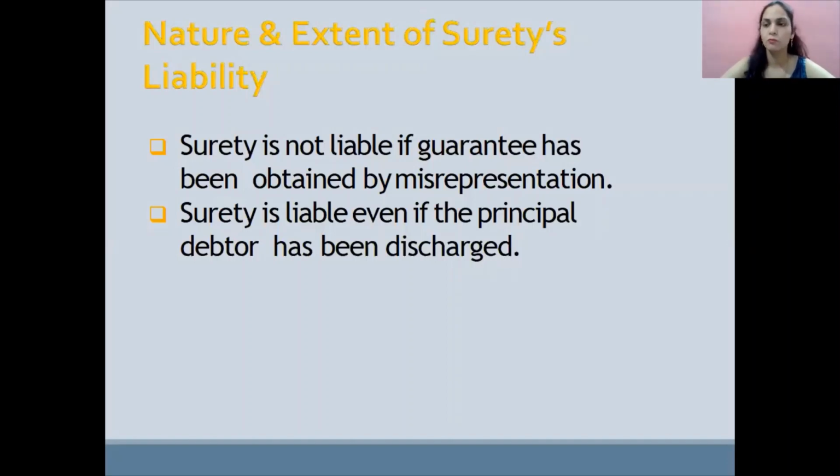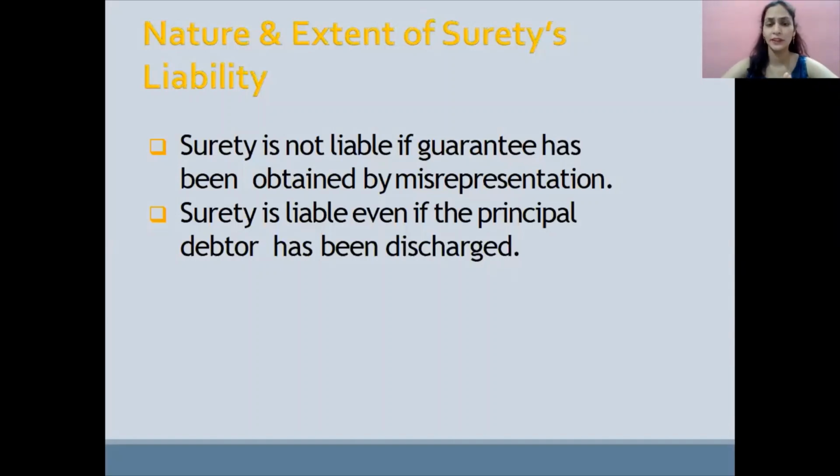Like in the case of a minor, if a minor child has taken a loan from a bank for education, the minor child, that is the debtor, will be discharged from his liability, but the guarantor, maybe his guardian, who has given the guarantee, will still be held liable for making such payment.